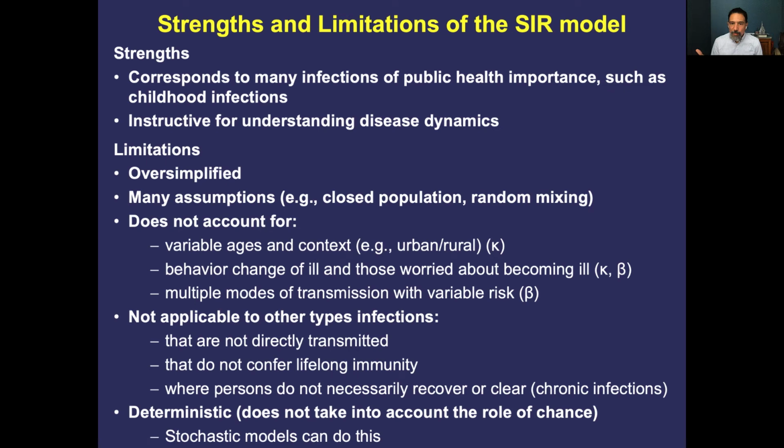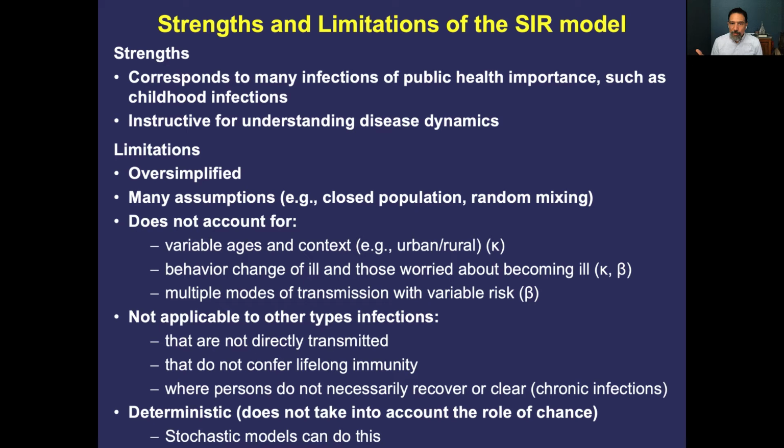So some strengths of the SIR model include that it is a model that corresponds well to a lot of infections of public health importance, pretty much the childhood infections, vaccine preventable infections. And it's also instructive for understanding infectious disease dynamics and how they evolve over time.